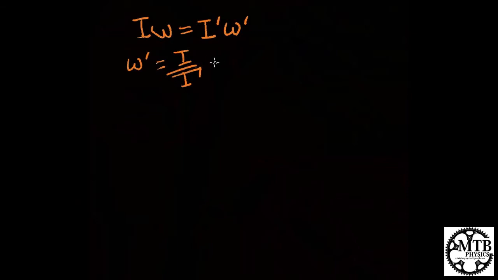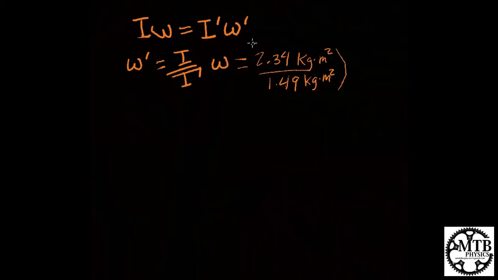Our new angular velocity can be found by substituting in the following values: 2.34 kilograms times meters squared divided by 1.49 kilograms times meters squared, times 0.800 revolutions per second, which gives us an angular velocity of 1.26 revolutions per second.